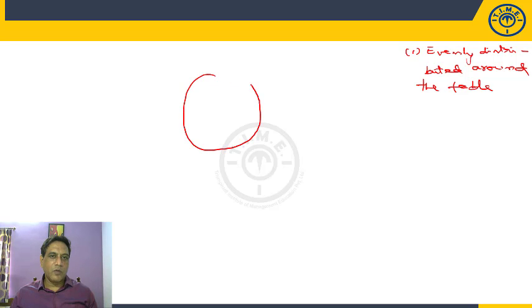Let us say we are talking about 8 persons sitting around the table. So we take the 8 portions like this: 1, 2, exactly opposite, 3, 4, 5, 6, 7, 8. So this person is exactly opposite this person, like this.